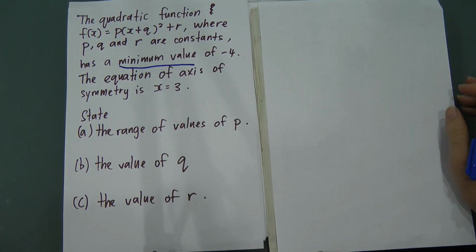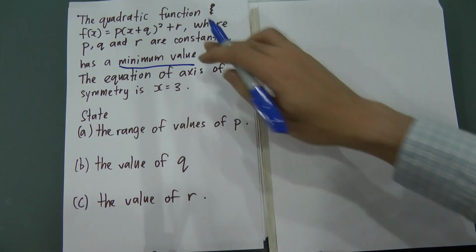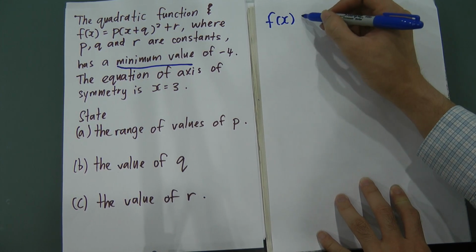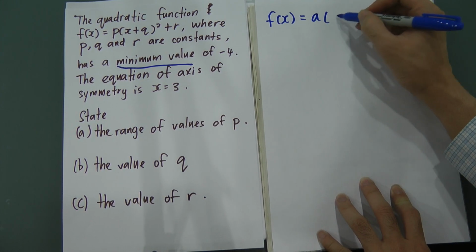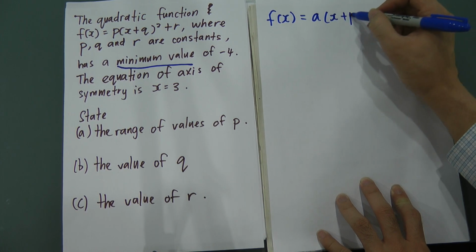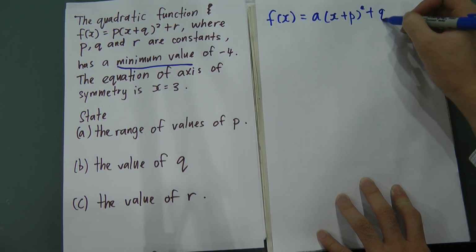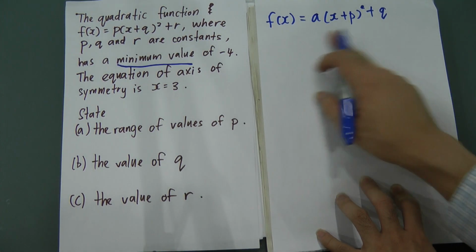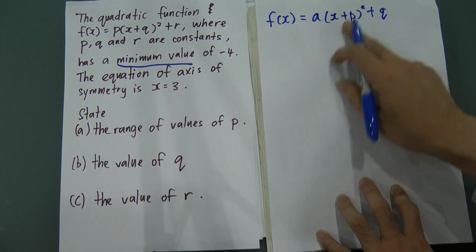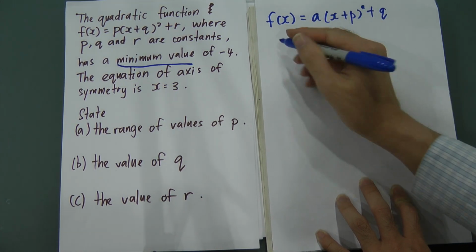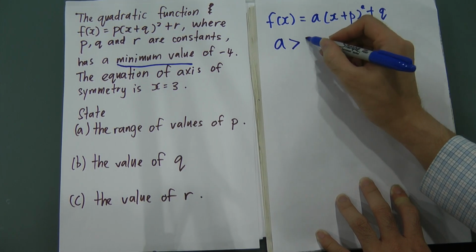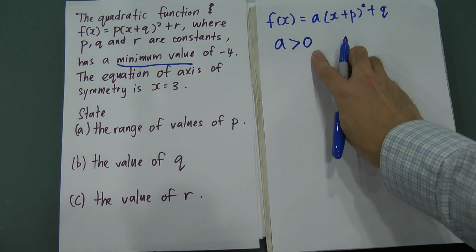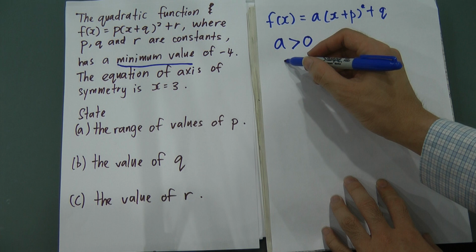If I write this in my own form, it will be f(x) equals a(x + p) squared plus q. Actually, this equation and that equation are the same. So you will get a minimum when a is bigger than 0, because when a is bigger than 0, you get a graph like this.